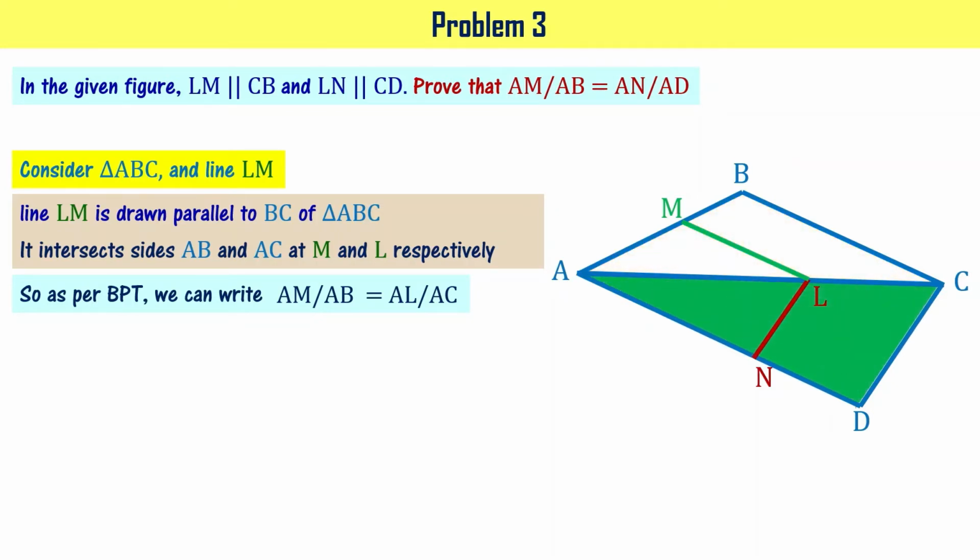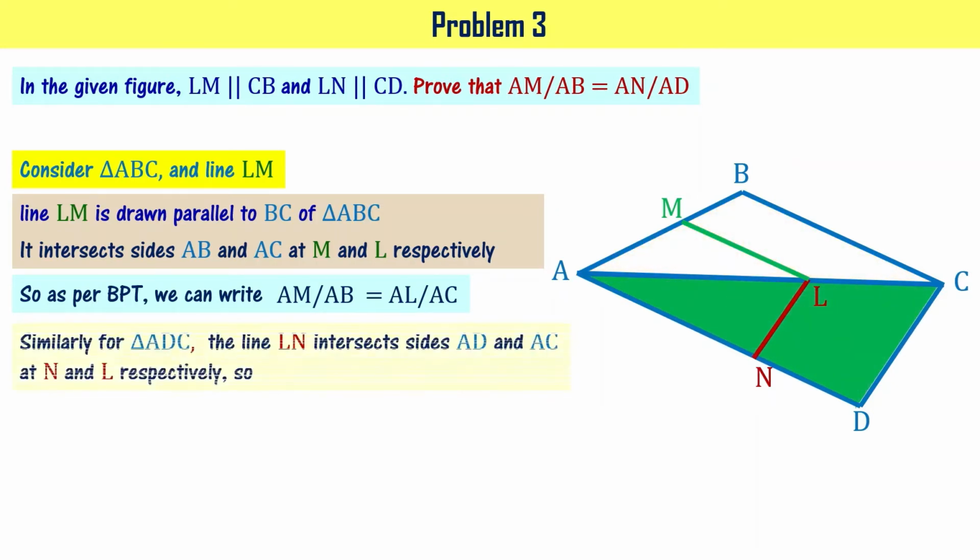Now let's consider the other triangle and line LN. As you see here, line LN intersects sides AD and AC at N and L respectively, right? So as per basic proportionality theorem, we can now write AN by AD equals AL by AC.